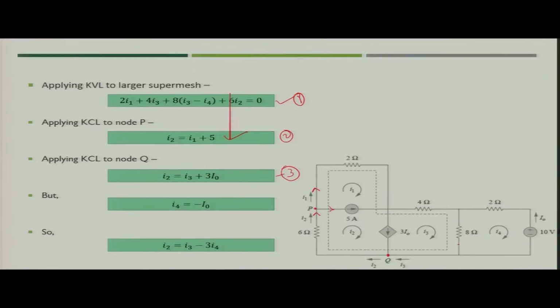Now, if you see this mesh, I4 is nothing but minus of I naught, because I4 and I naught are in opposite directions. So, you will simply get I4 is equal to minus I naught. Now, if you put this value here, you will get I2 is equal to I3 minus 3 I4. So, it is simplified now, but we still need the equation for this mesh.